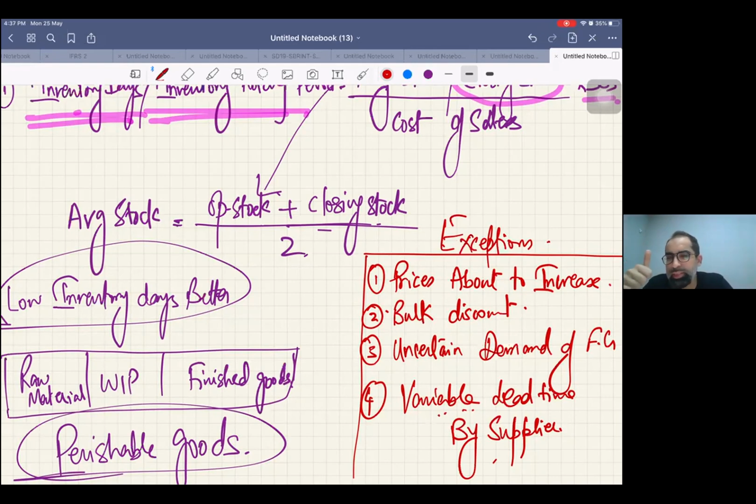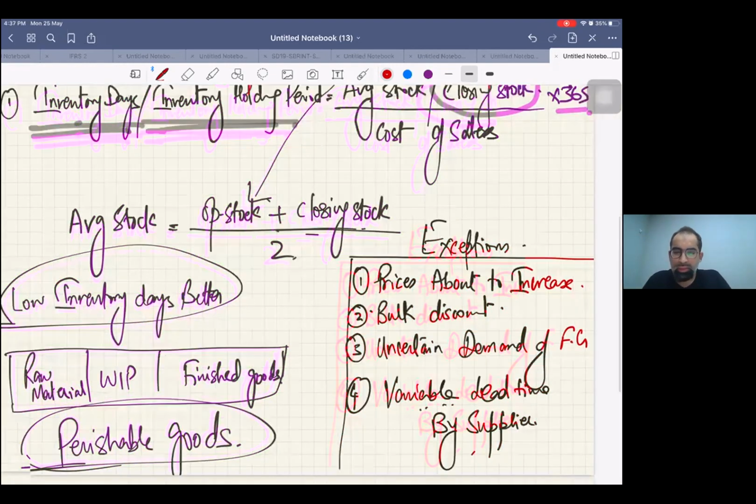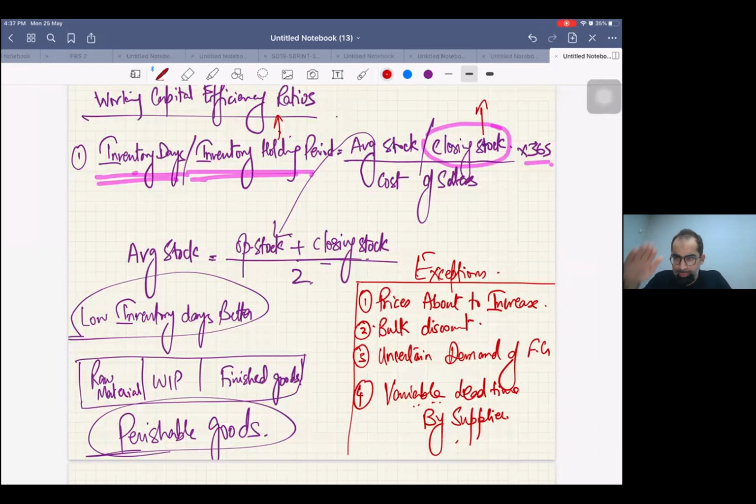It's good now. It's the need of the business. So, final words: lower inventory days are better for sure. But because of these exceptions, if your inventory days are higher, still do not criticize your management, because there is some objective behind it, right? Okay.